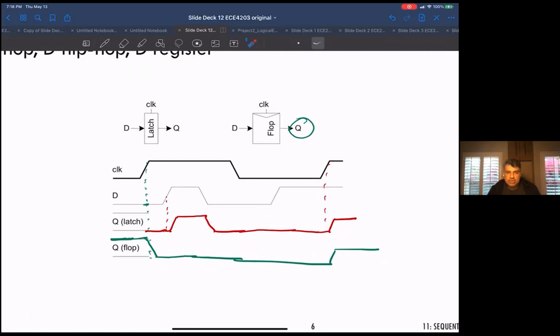It doesn't seem like, well, one is high level, one of them is edge triggered. What's the difference? Well, the main difference I see, I've seen lots of problems with latch-based designs. You want to avoid these things like the plague, except when you're running very, very fast.